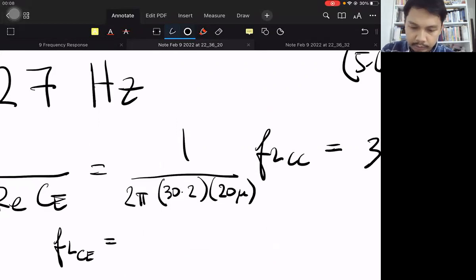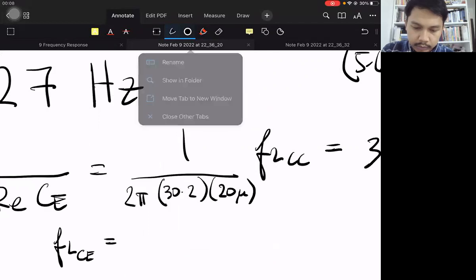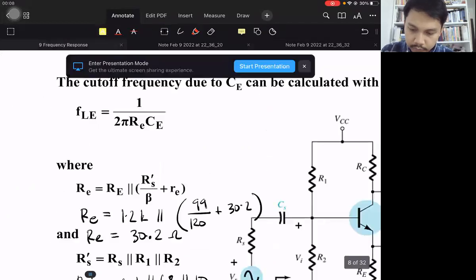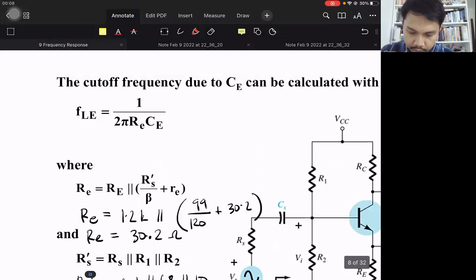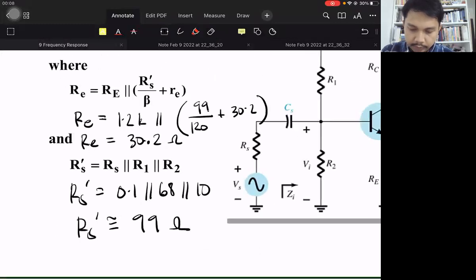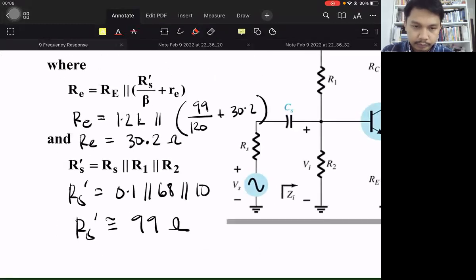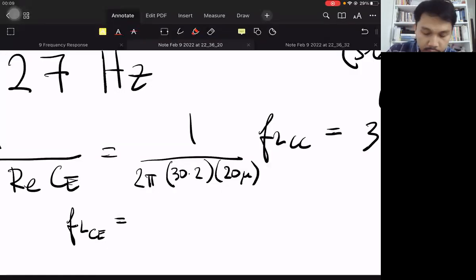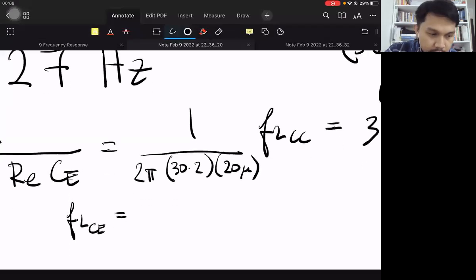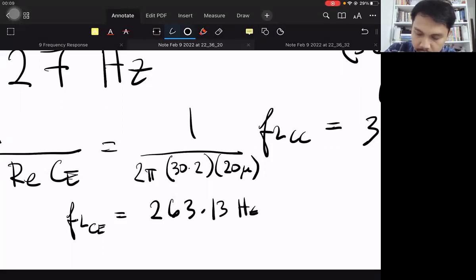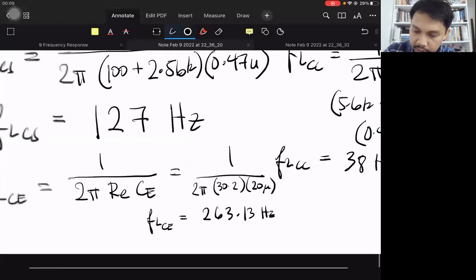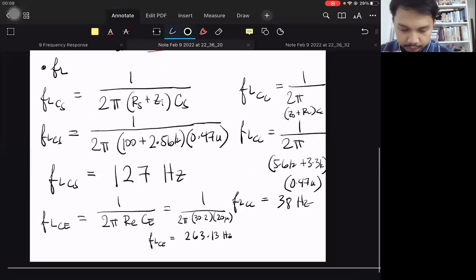Let me check again. That is 263.13 hertz. Okay, so we have three choices.